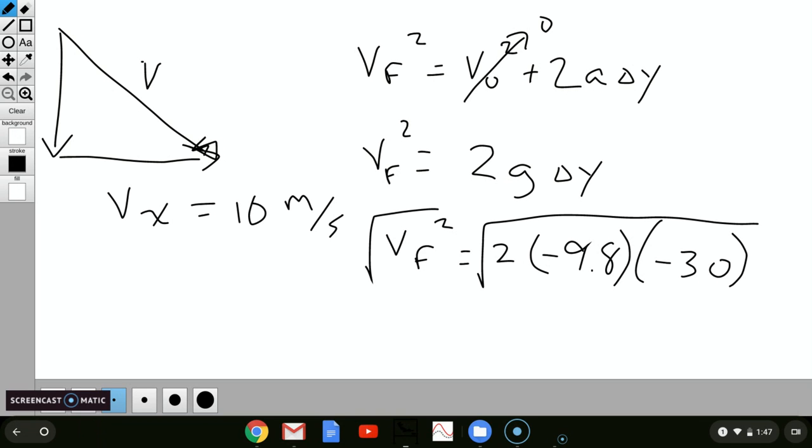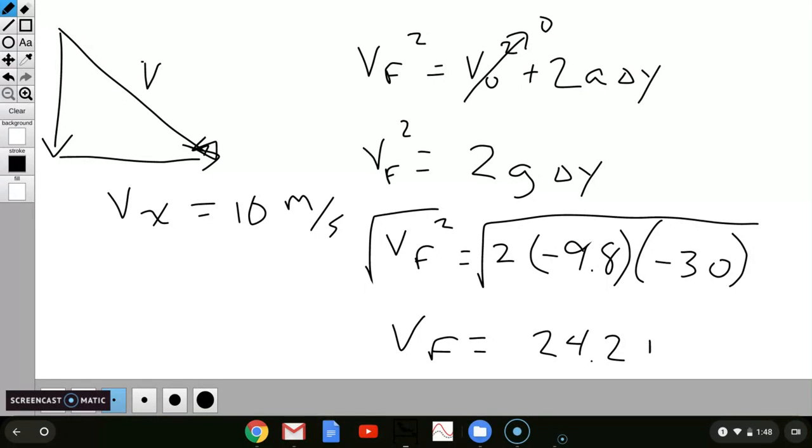So let me grab the calculator real quick. What we'll get is 2 times 9.8 times 30, and then we will hit the square root button. And I get 24.2. So the final velocity is 24.2.